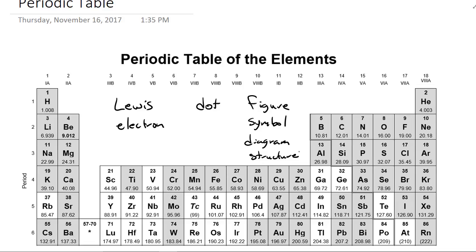So, a Lewis figure is the same as a Lewis diagram, an electron dot diagram, or a Lewis electron dot structure, or a Lewis structure, or a Lewis dot symbol, all mean the same thing. So if you hear me use one word one time and a different word the next time, it's just because we haven't standardized our vocabulary.